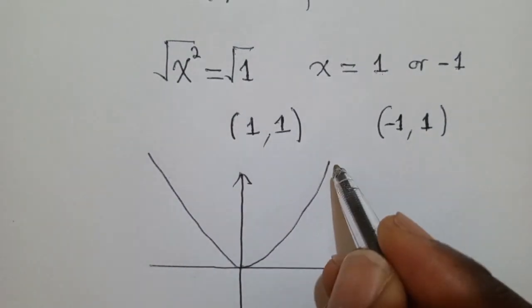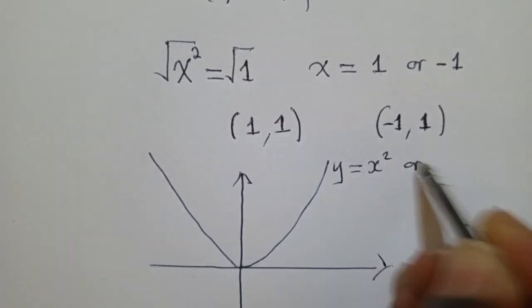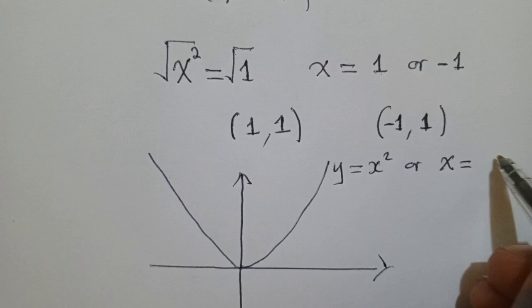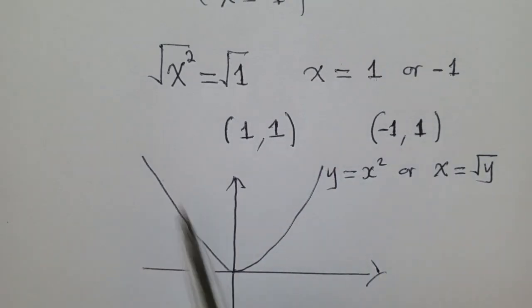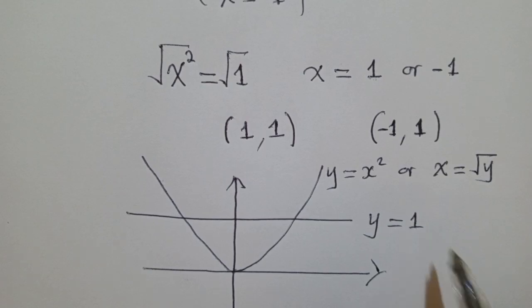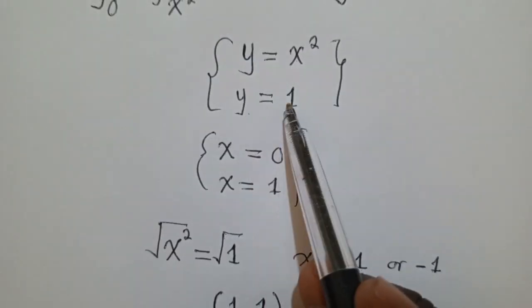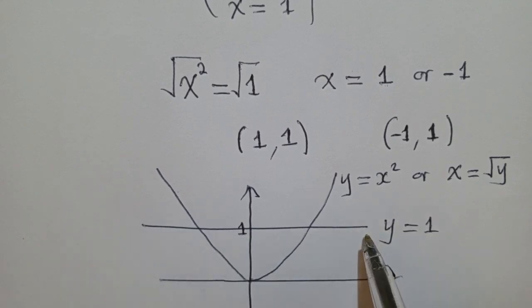So this is y is equal to x squared, or we can say x is equal to the square root of y. So this is the graph. The next graph will be like this. This is y is equal to 1. You see, y is equal to 1. It's passing at 1.